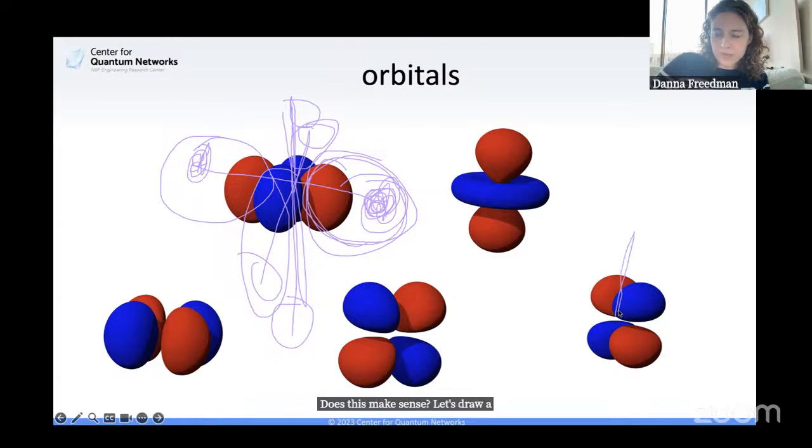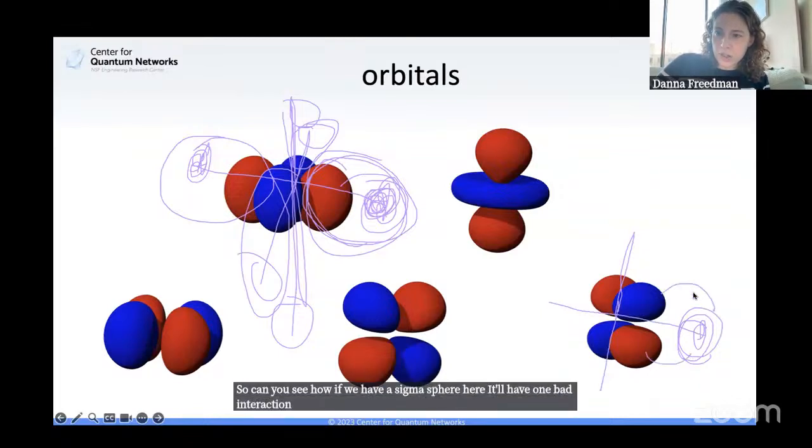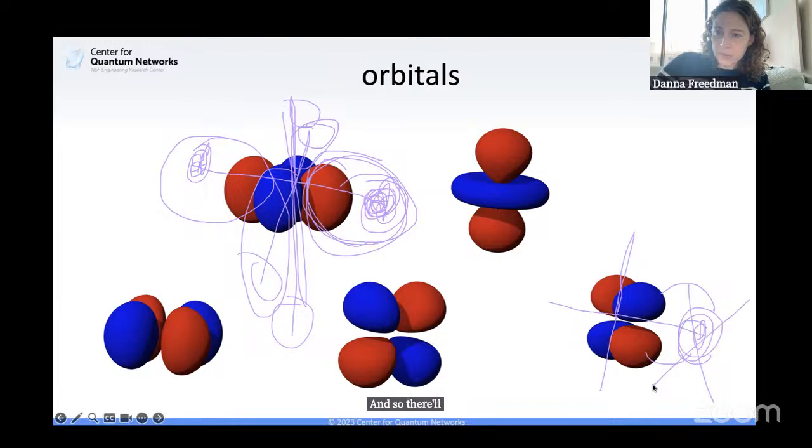Let's draw a second one. Let's do this one. This is one of the off-axis combinations, so none of these orbitals go through the coordinate system. So can you see how if we have a sigma sphere here, it'll have one bad interaction and one good interaction, and so there'll be no bonding.